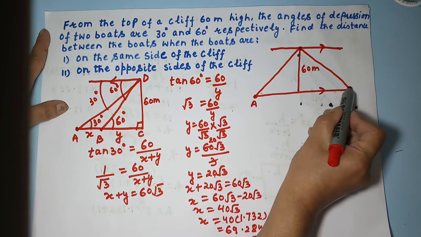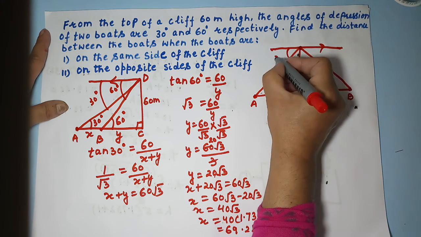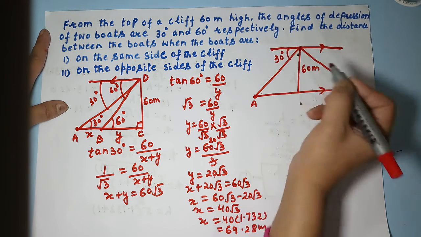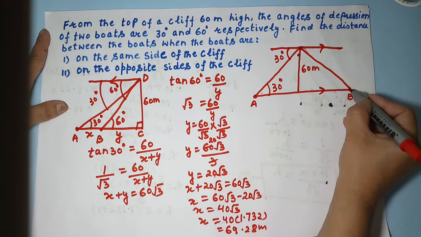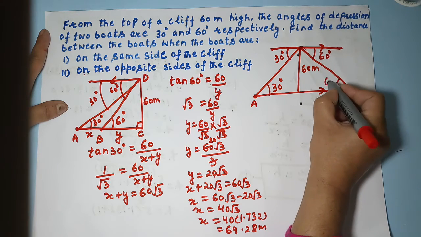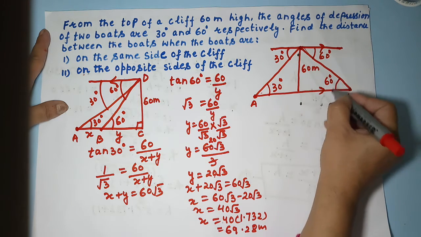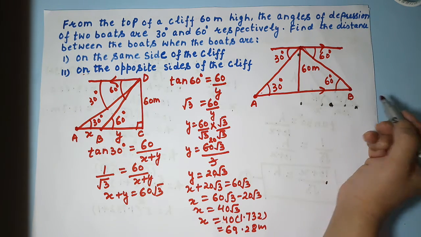So angle of depression is, let this be 30°. So obviously this angle will be 30 and then this angle is 60°. So this angle will also be 60°, alternate angles, because this line is parallel to this line.